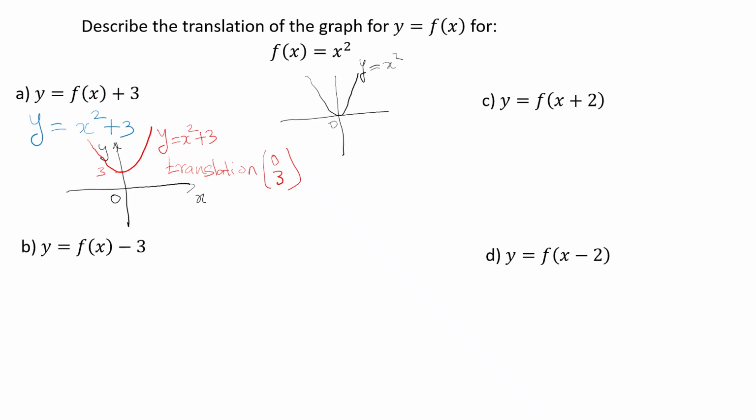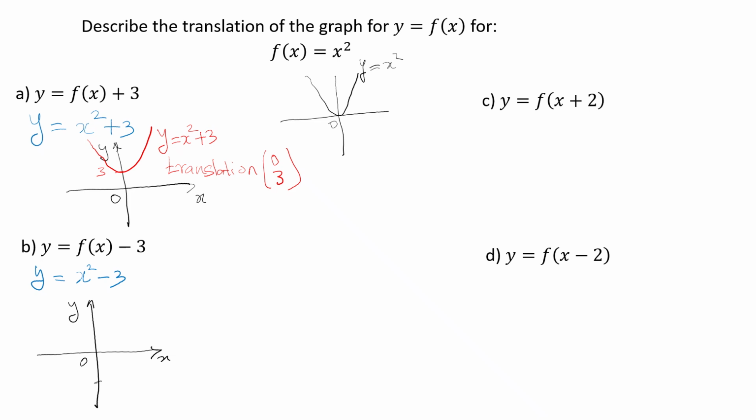Next question, y equals f(x) minus 3. So y equals, original f(x) is x squared, minus 3. So I'm going to draw the graph first. This is the x-axis, y-axis. When x equals 0, the y value is negative 3.